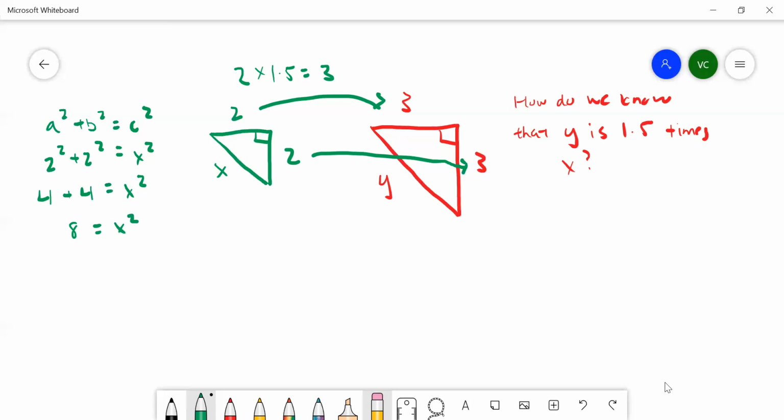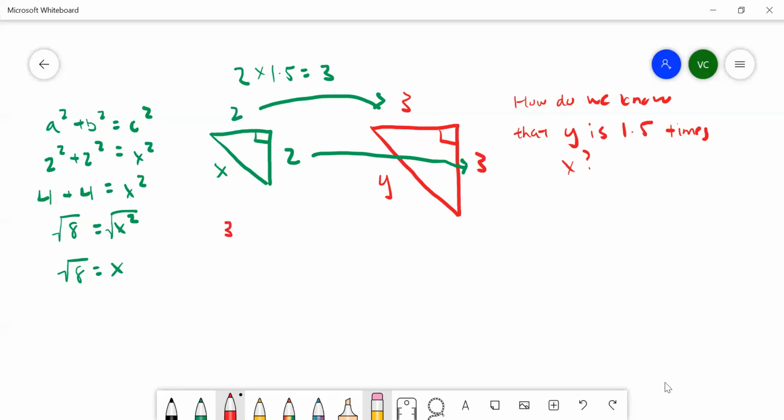And then take the square root of both sides. Square root of 8 is equal to X. We can use our calculator to figure that out later, but for now, I'll leave it as a square root. Now, pause the video and do the same to find Y on the red triangle.